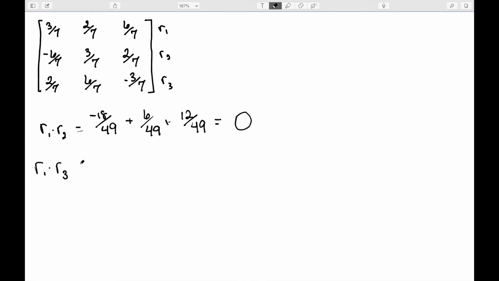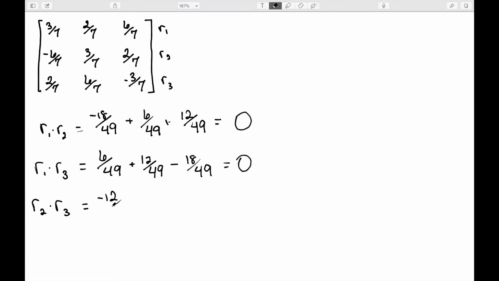R1 dot R3, 3 times 2 is 6 over 49. 2 times 6 is 12 over 49, and 6 times negative 3 is minus 18 over 49. Once again, we get 0. R2 dot R3, negative 6 times 2, that would be negative 12 over 49. 3 times 6, that would be 18 over 49. And then 2 times negative 3 is minus 6 over 49. So we do have that the rows are orthogonal.